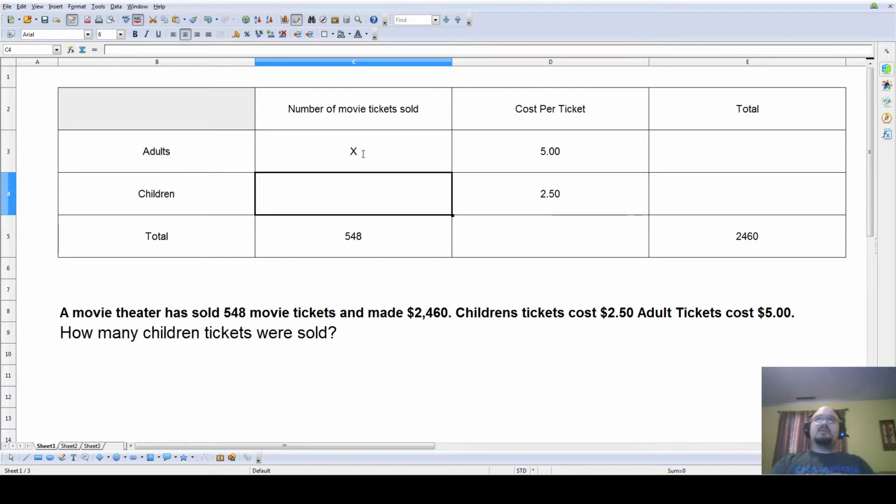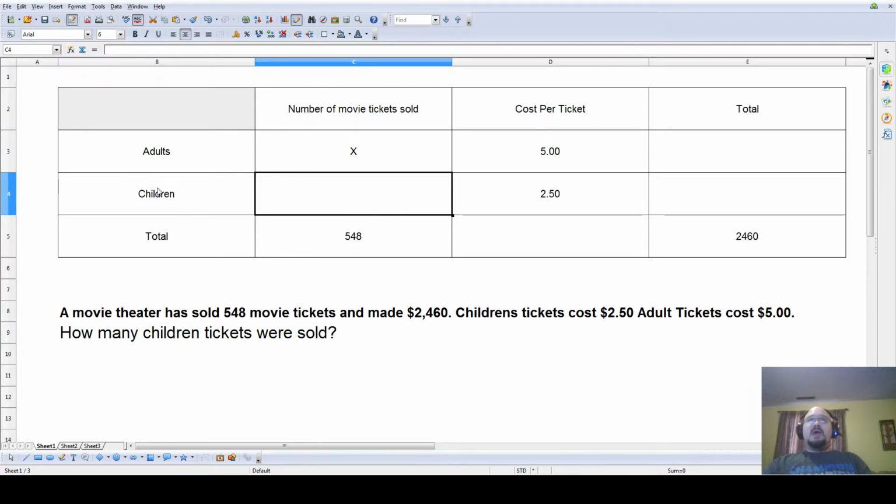But the thing is, we are talking about the children's tickets, so although we would still end up getting the right answer, and I can prove that to you if need be. You know what? I'll just prove it now. Let's go ahead and say that we started with adults as our x. Now, it makes more sense to put the x here, but we could put the x up here.